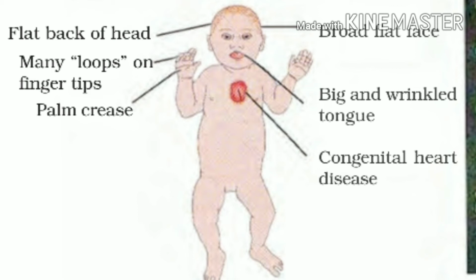Okay, so just because of an additional chromosome along with the 21st pair of chromosomes, these many changes are happening in the physiology or the phenotype of the baby. So this is the effect of an extra chromosome, that is 21st chromosome, instead of a pair, 3 numbers are there, and it has resulted in these many changes in the makeup of that baby.